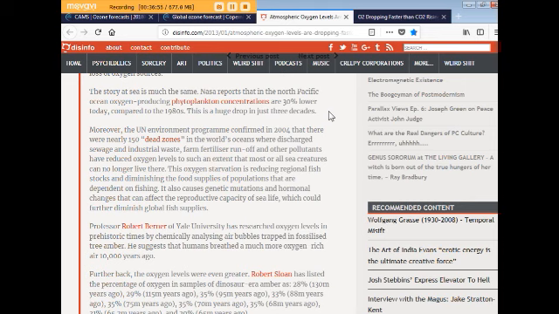Moreover, the UN Environment Program confirmed in 2004 that there were nearly 150 dead zones in the world's oceans where discharged sewage and industrial waste, farm fertilizer runoff, and other pollutants have reduced oxygen levels to such an extent that most or all sea creatures can no longer live there. Now this was 2004, 150 dead zones. And that was 14 years ago. So we have a lot more dead zones in the ocean now.